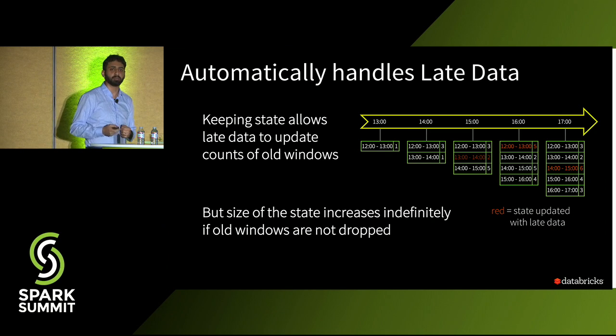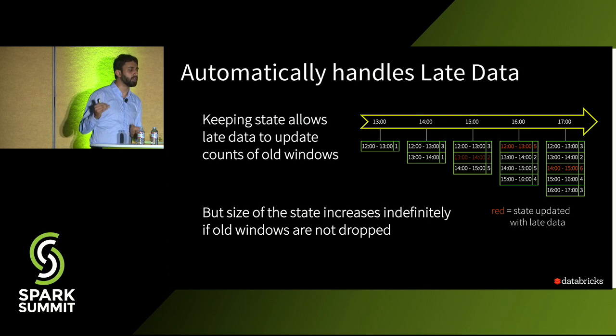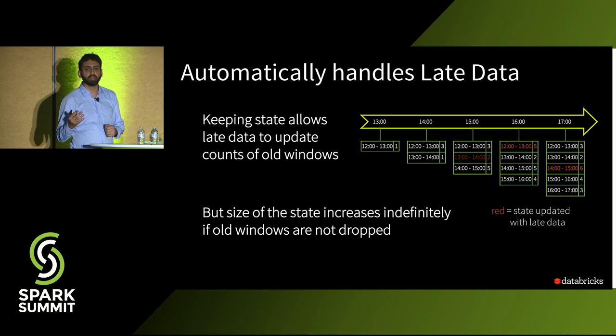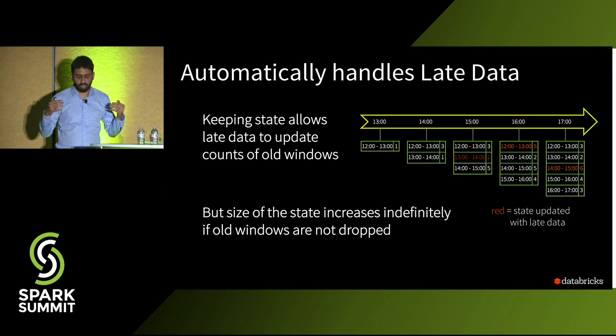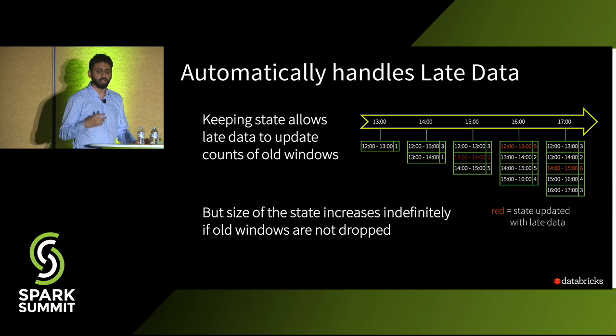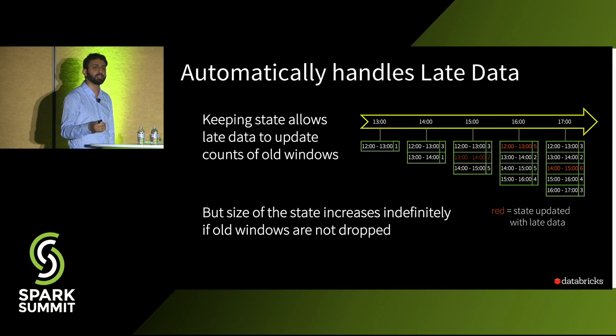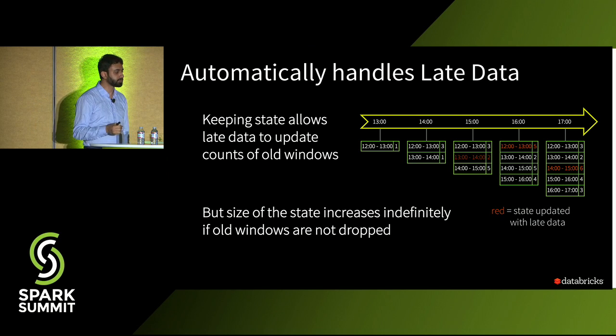As you see in this example on screen, even if there is late data, older windows can get updated seamlessly. And so the system will continuously maintain the correct count. The user doesn't have to do something explicit about late data.